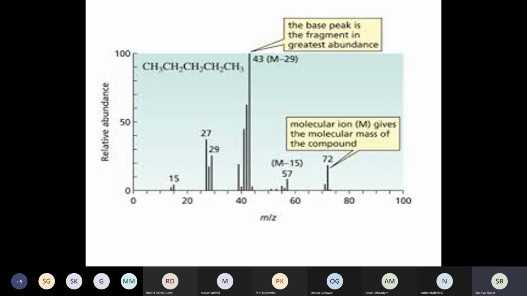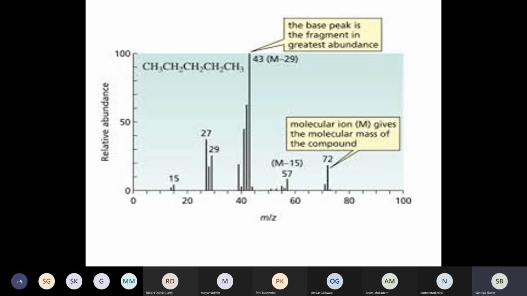In that you can see the molecular ion, 72, which gives the molecular mass of the compound.